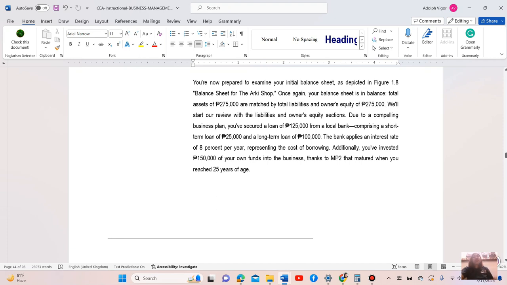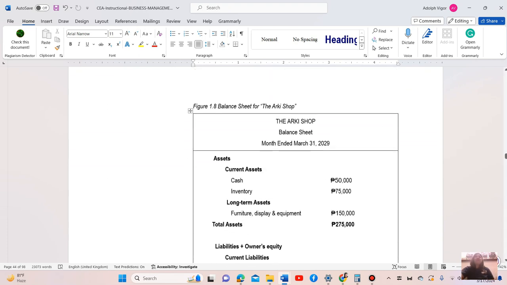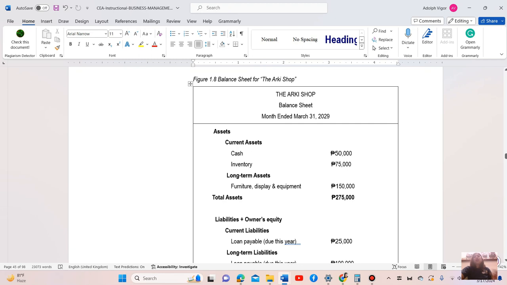The maturity of MP2 is 5 years. I used MP2 as an example of an investment institution where you can make your money grow. Okay, so this is figure 1.8, balance sheet for Arcade Shop.